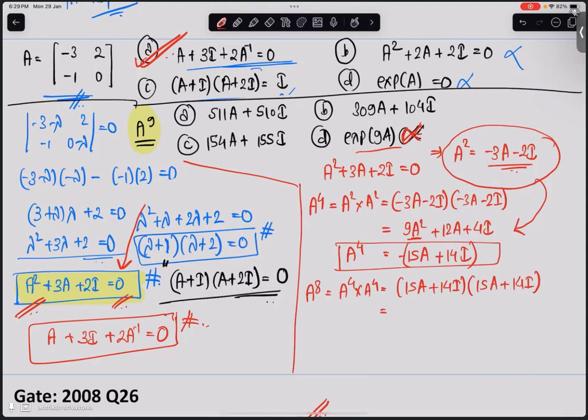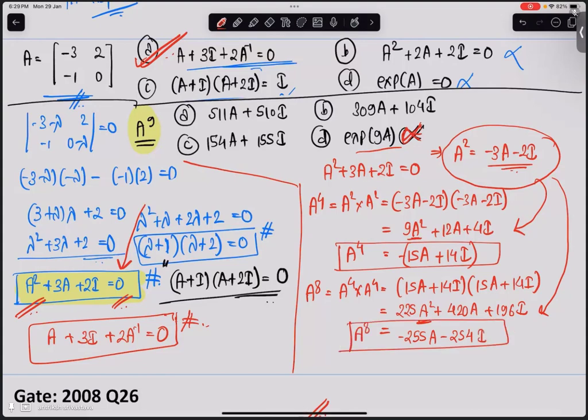Okay, now when you do this, you will have 225A square plus 420A plus 196I. Again, you have to substitute the A square from here in this expression. And finally, you will end up with minus 255A minus 254I. This is the value of A power 8.